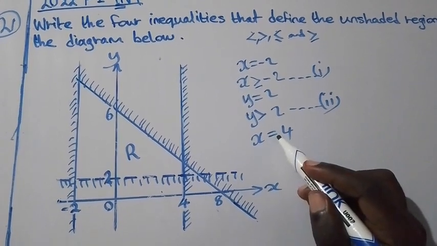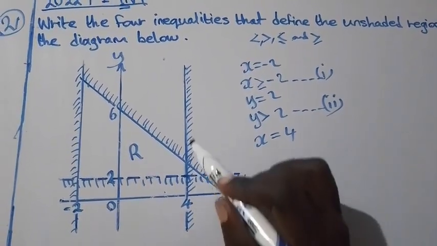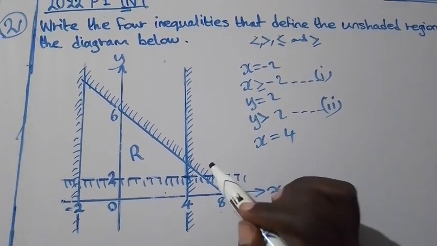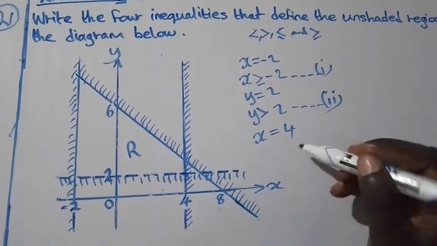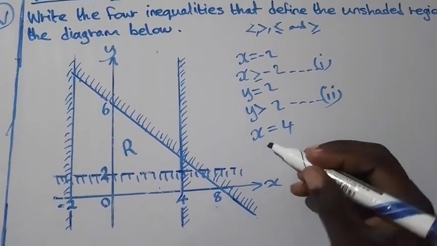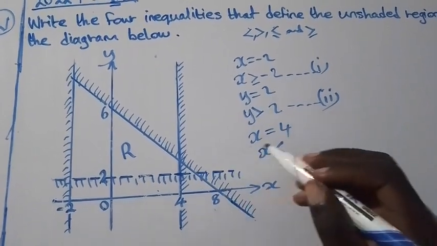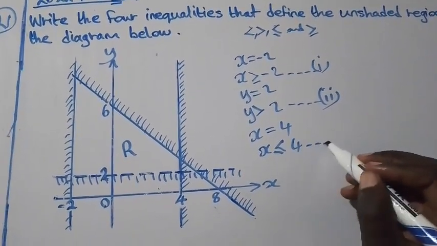Let's remove the equal sign and replace the symbol by checking the region they have shaded on this inequality. It is the region where x increases, which means x is less. So the symbol we are going to use here is less than. We'll say x less than, and it is a solid line. So it will be x less than or equal to 4.